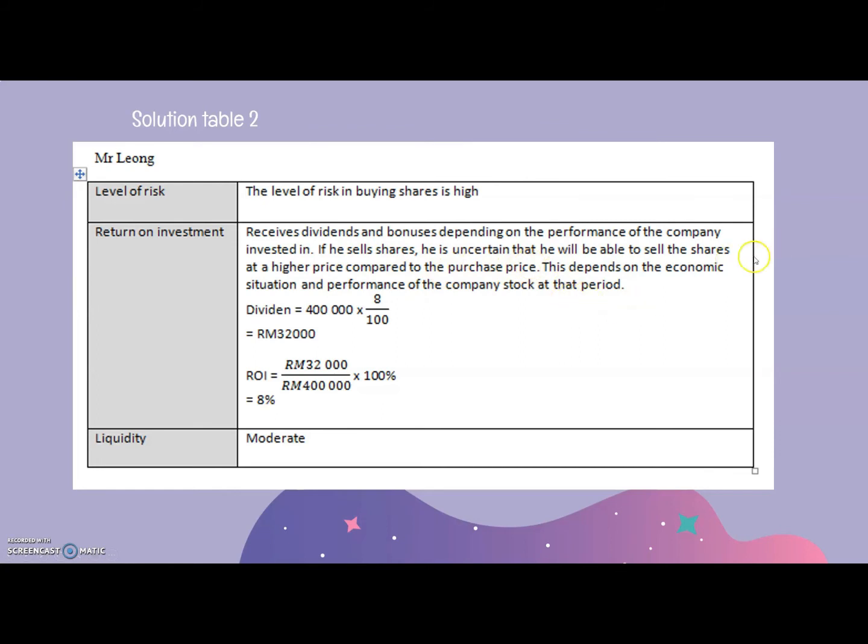This also depends on the economic situation and performance of the company's stock at that period. So find the dividend and ROI. The dividend equals RM 32,000 and the ROI equals 8%, which is higher than NTSID. And the liquidity is moderate.